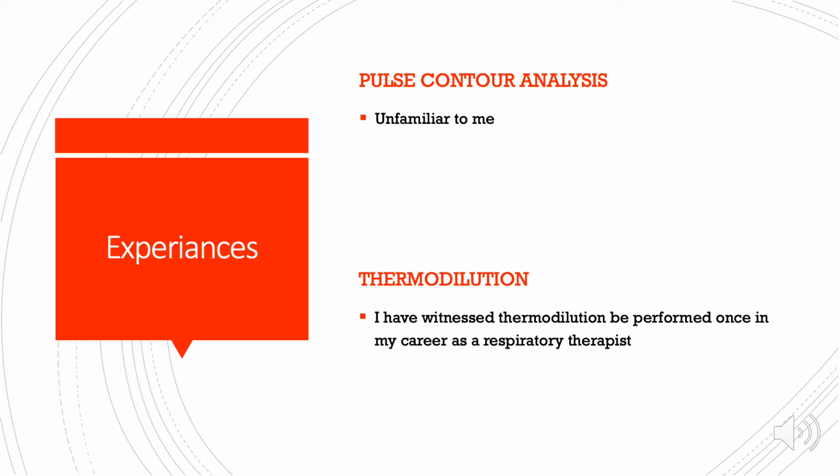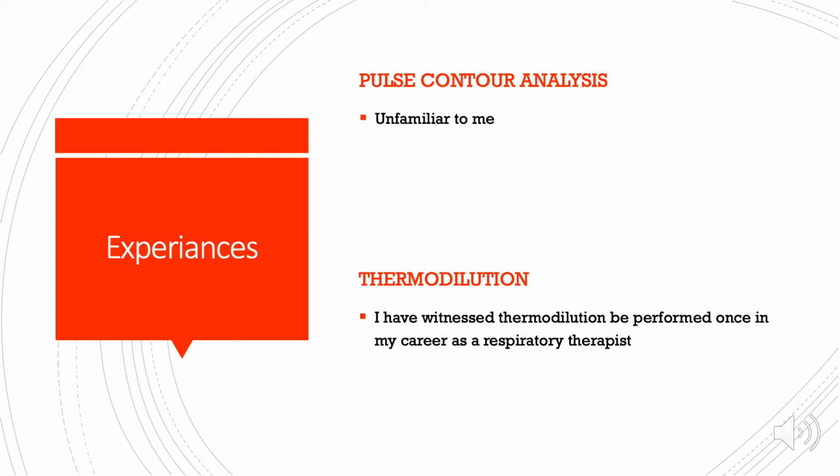So my experiences with these two methods: the pulse contour analysis is unfamiliar to me. I've never seen it clinically used. Thermodilution, on the other hand, I have seen used once as a respiratory therapist, in the cardiovascular ICU on someone with a pulmonary artery catheter.